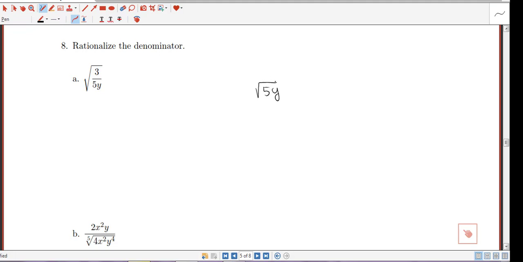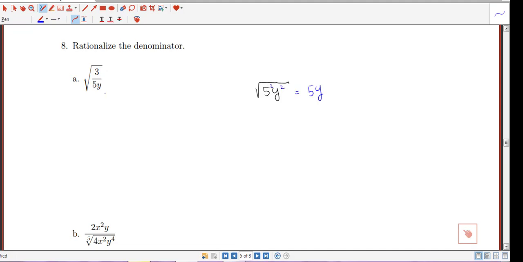If I have a square root of 5y, what kind of exponent do I need on 5 and also on the y? Since you're given the square root, if I have 5 squared, y squared, this is going to become just a 5y, which is outside of the radical sign. That's exactly what we want, 5y on the denominator.